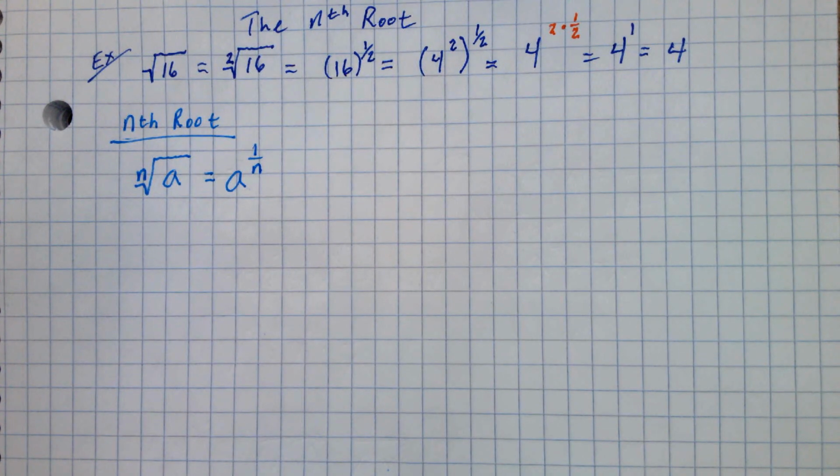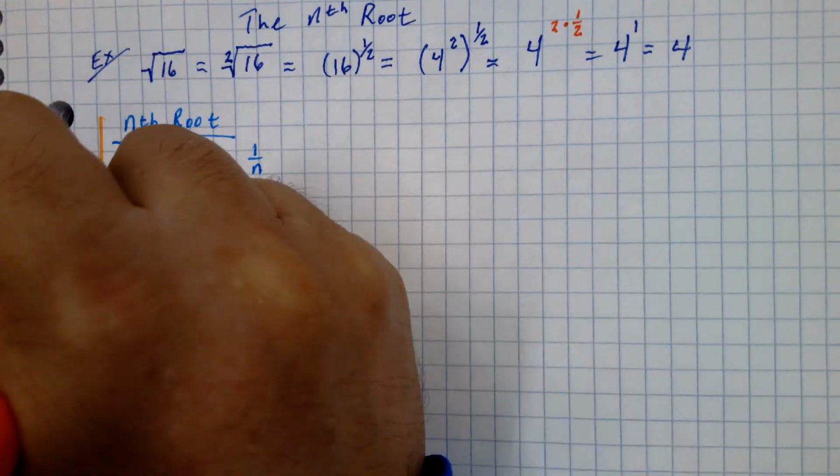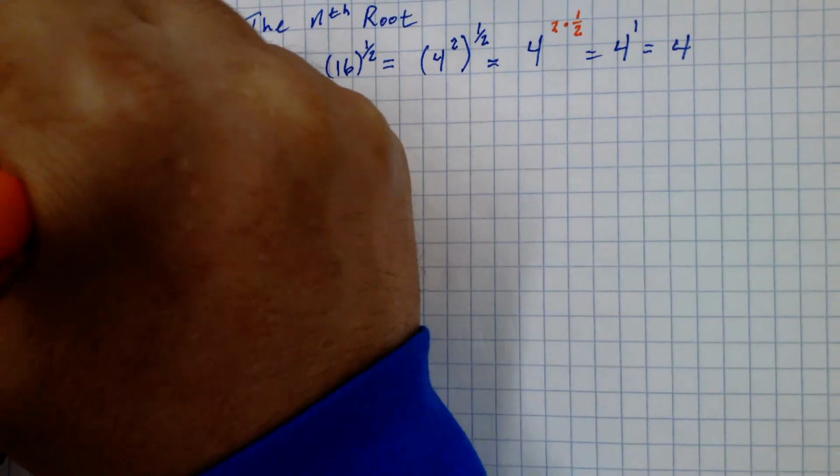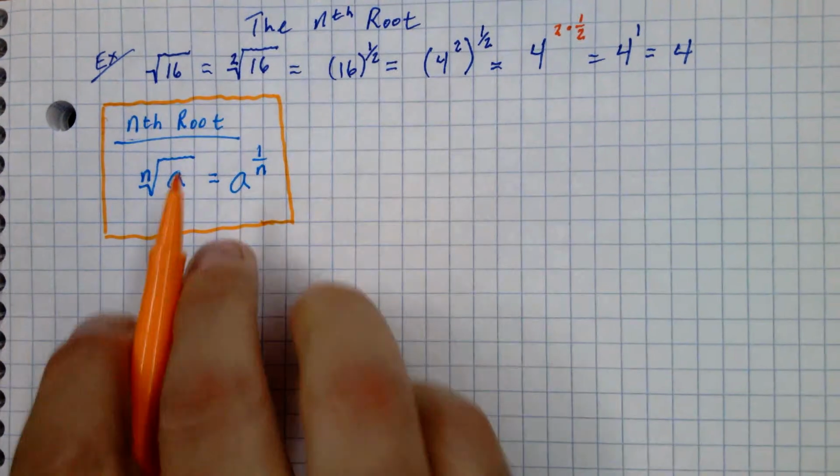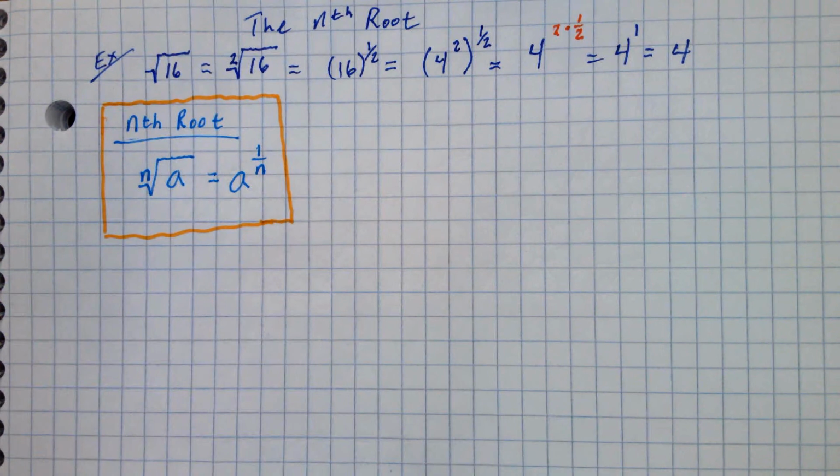Okay? Write that down. That's a big one. So now we don't have to use that radical symbol. Remember we called that the radical symbol? We could just throw it out if we need to.